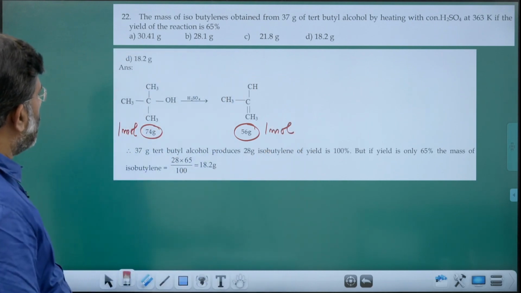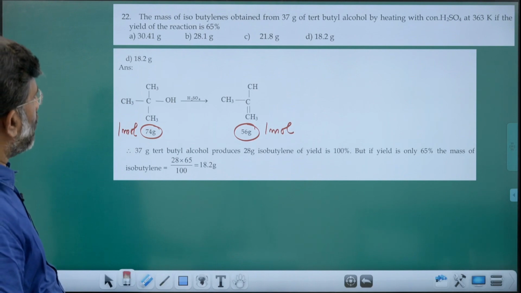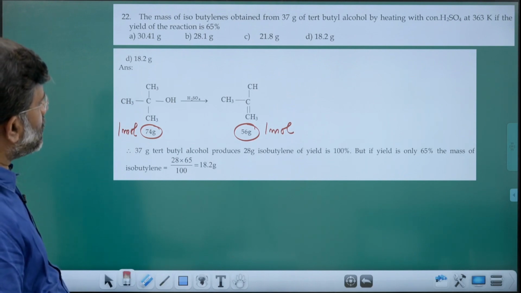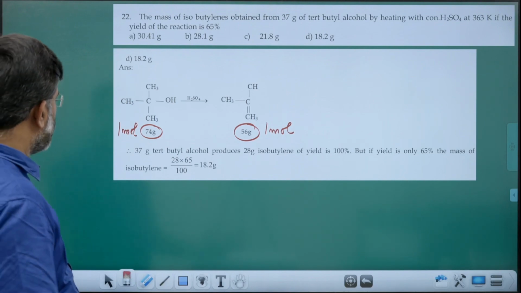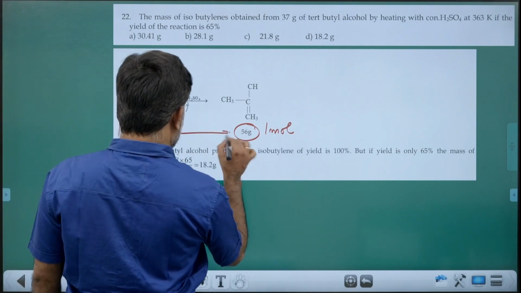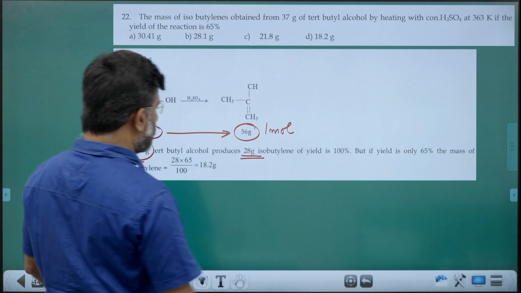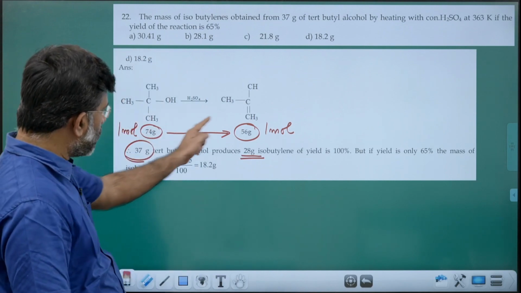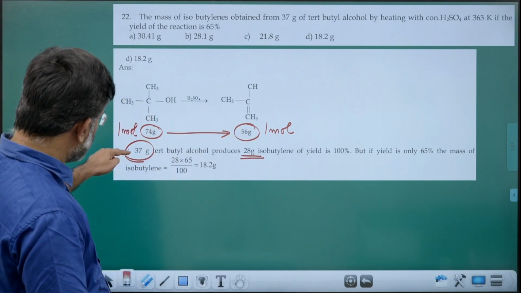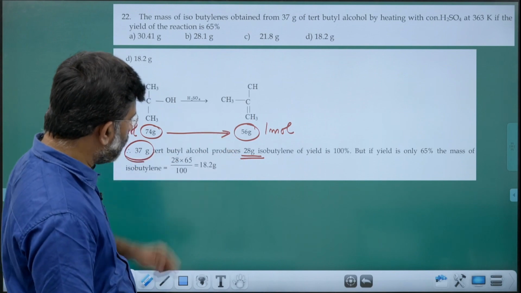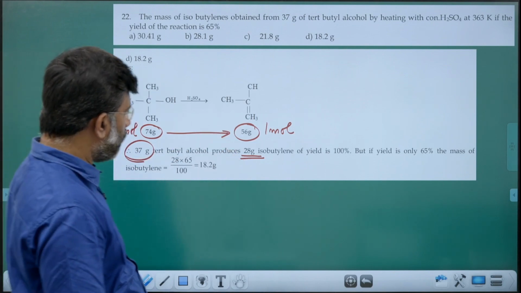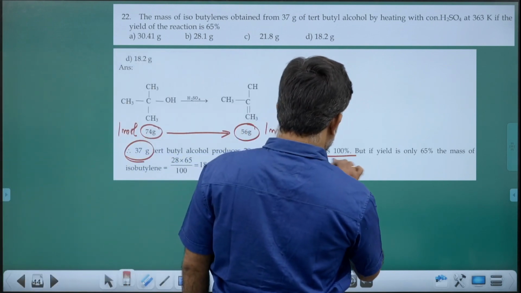And how much isobutylene is obtained from 37 gram tertiary butyl alcohol? So 74 gives 56, therefore 37 gives half of that, 28. Provided the yield is 100%.